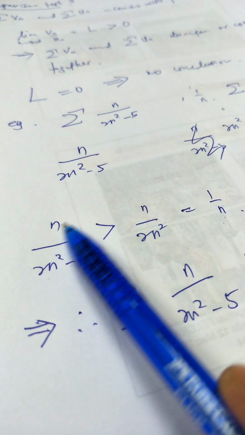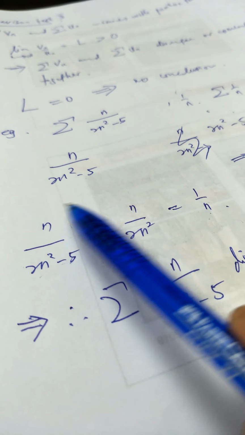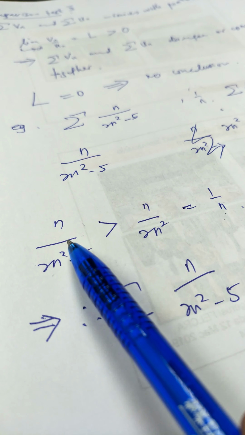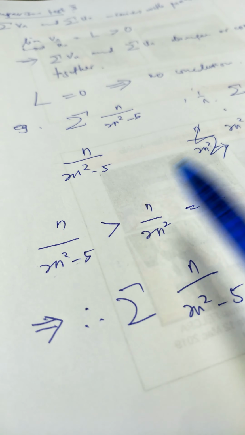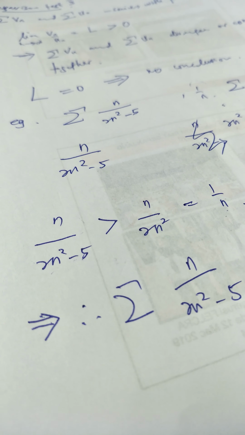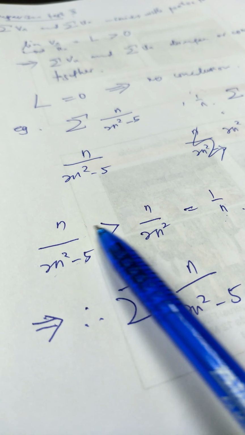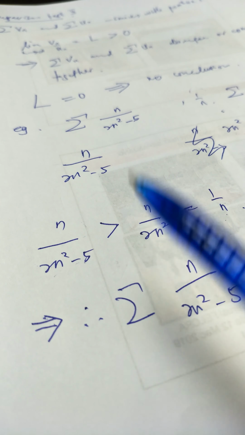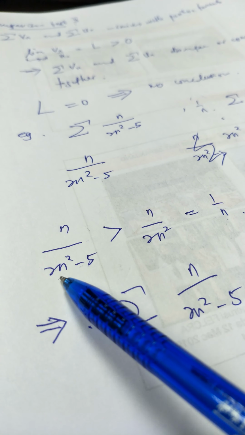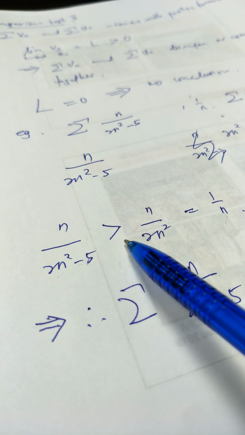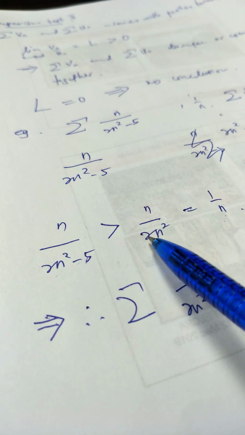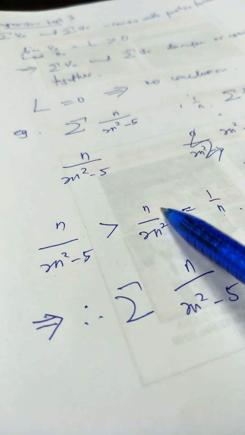Then you need to rewrite those things so that we can relate this to the one that we chose. For this case, it is obvious that 2n squared minus 5 is less than 2n squared, so if you inverse that, we have 1 over 2n squared minus 5 is greater than 1 over 2n squared, and you just multiply by n.